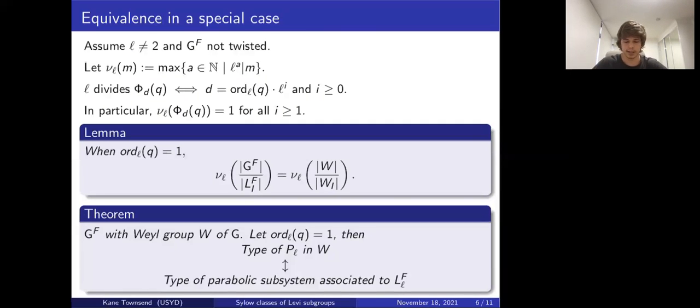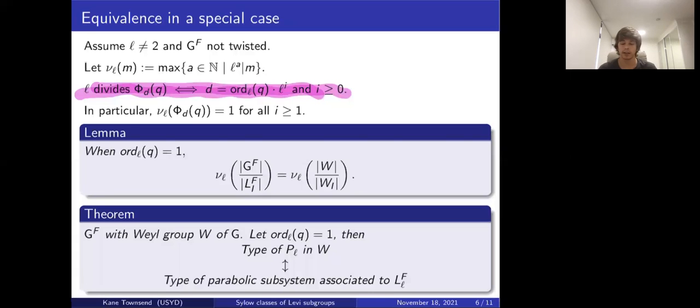So just to simplify things a little bit, we're going to assume that our prime l for the Sylow subgroup is not 2, and we're going to focus on the non-twisted cases from now on. And I want to define this nu_l as the maximum power of l that divides a number. Then we have a nice fact about the cyclotomic polynomials divisible by l.